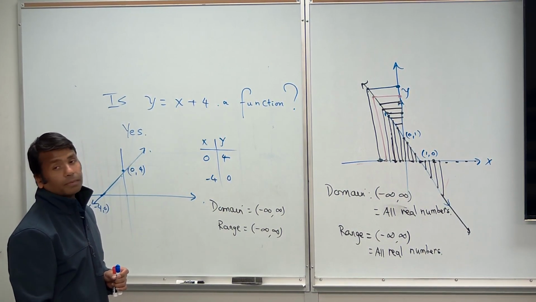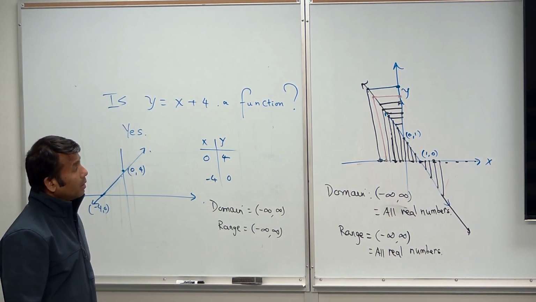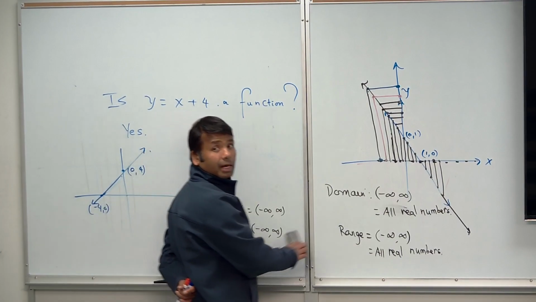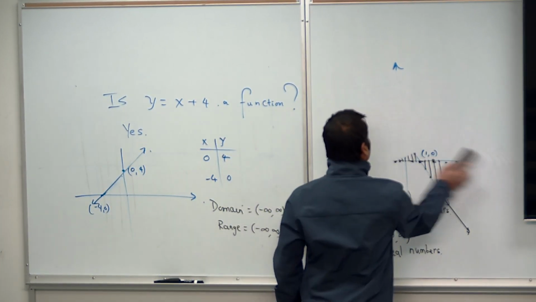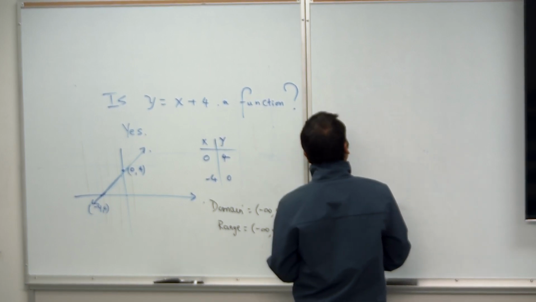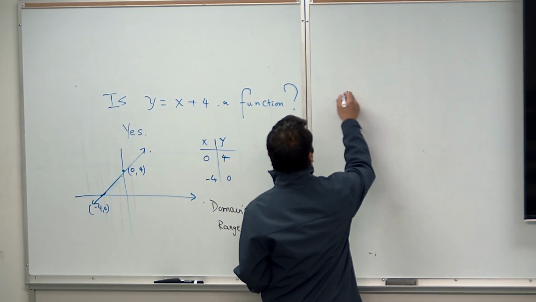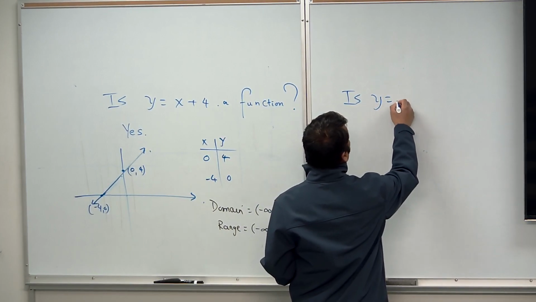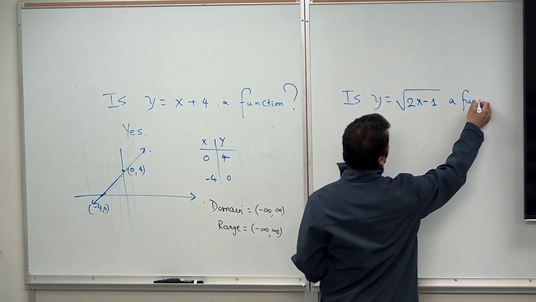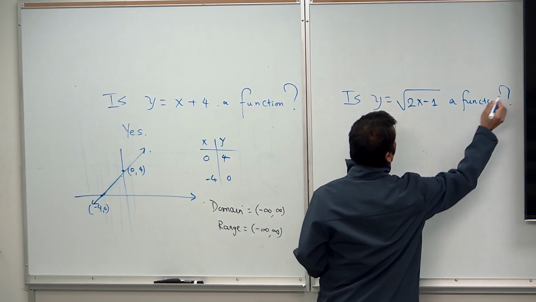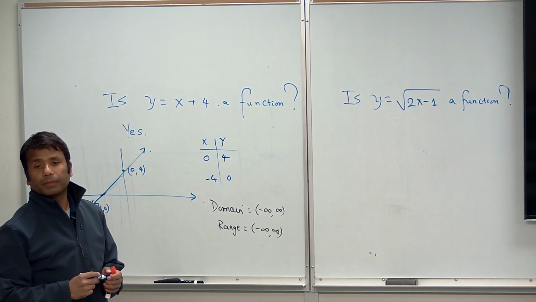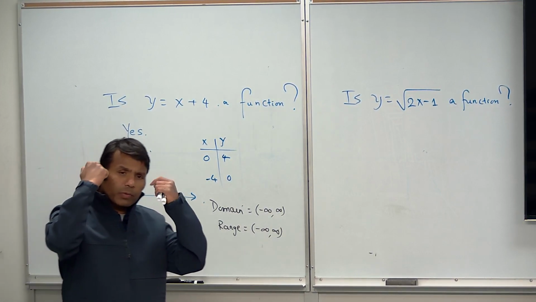What about this? Decide whether each relation defines a function. So you have a relation: is y equal to radical 2x minus 1 a function? Just think in this way, okay?